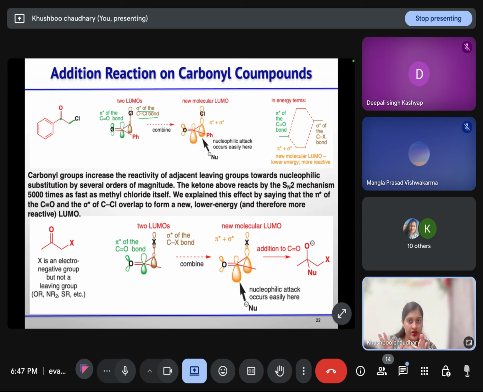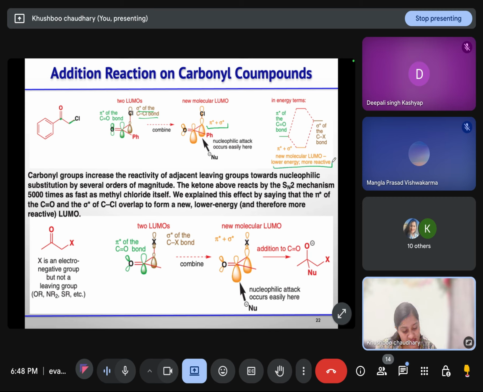After overlapping they form a new lower energy molecular orbital, formed by the combination of pi star and sigma star, that has even lower energy than the pi star orbital of the carbonyl bond.